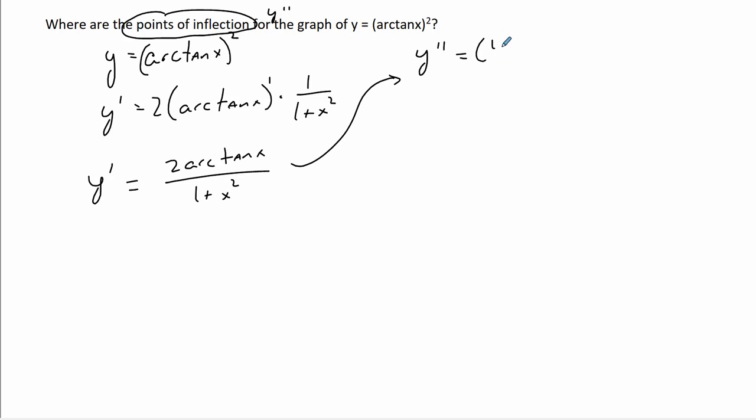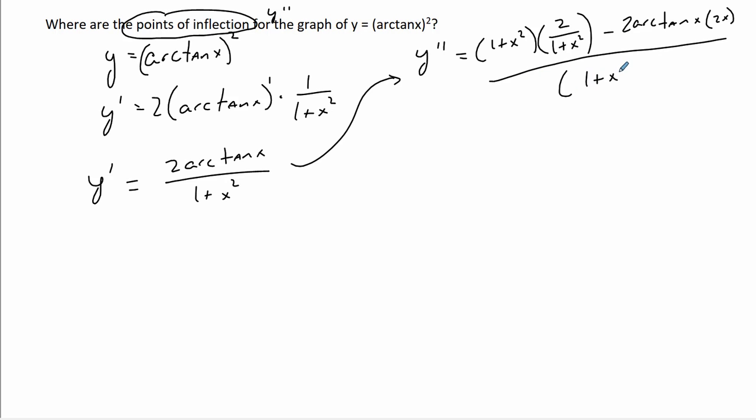So low, which is 1 plus x squared, times the derivative of the top function, which is 2 over 1 plus x squared, minus the top function, 2 arctangent of x, times the derivative of the bottom function, which is just 2x, all over the bottom function squared. That's going to cancel, and it's just 2 minus 4x arctangent of x over 1 plus x squared, squared.